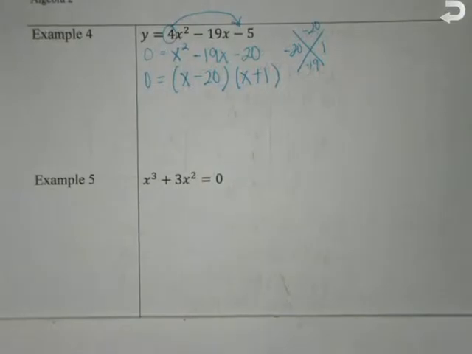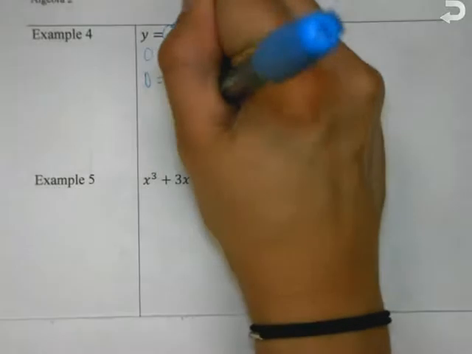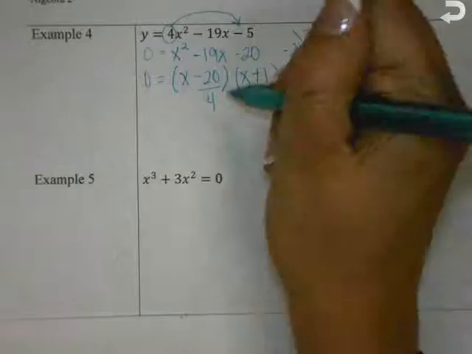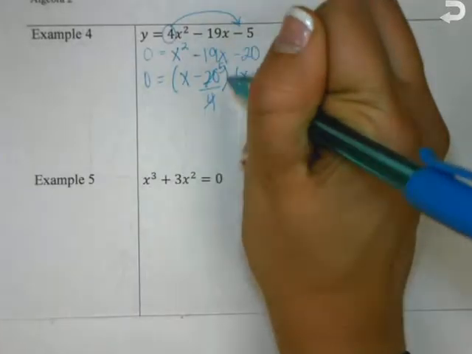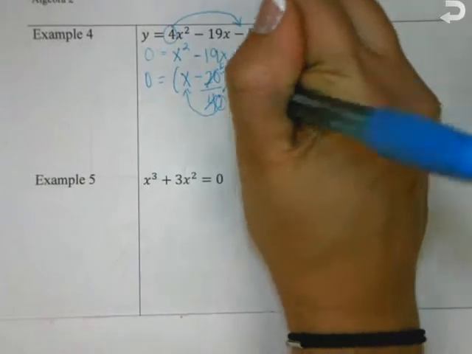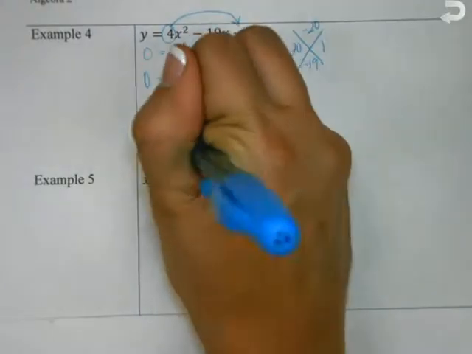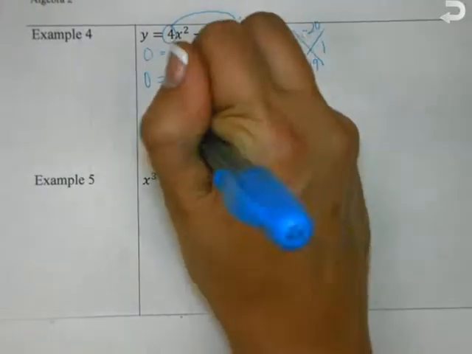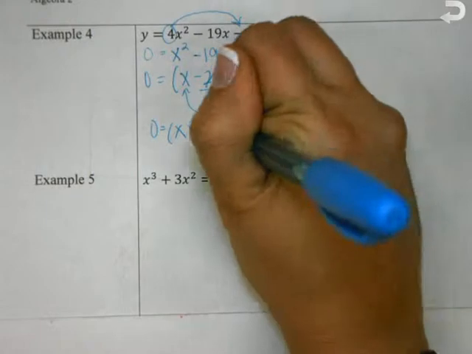You divide it by 4. Excellent. We divide everything by 4. 4 goes into 20 evenly 5 times, and then we bring the bottoms up. So all of that factors to x minus 5 times 4x plus 1. And to solve for x, what do I do?